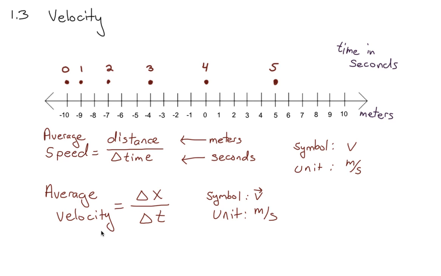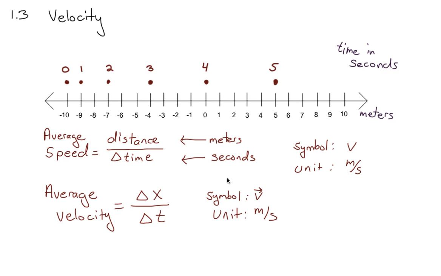Average velocity takes into account this concept of displacement, delta x being the change in position of an object. And so the definition of average velocity is delta x, the displacement of the object's position, divided by the duration of time again, which I'm just writing as delta t instead of delta time.